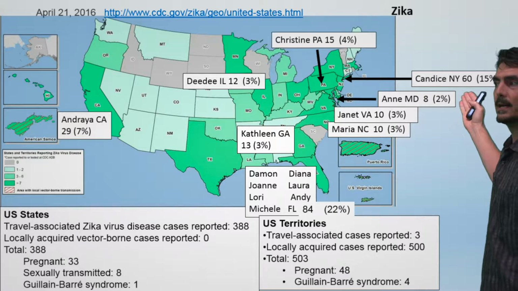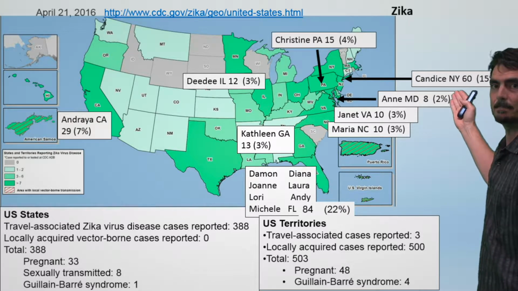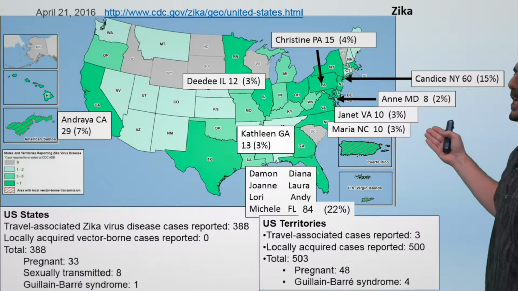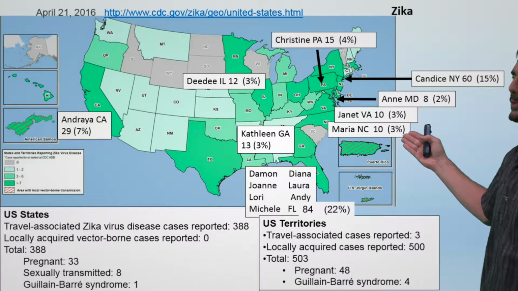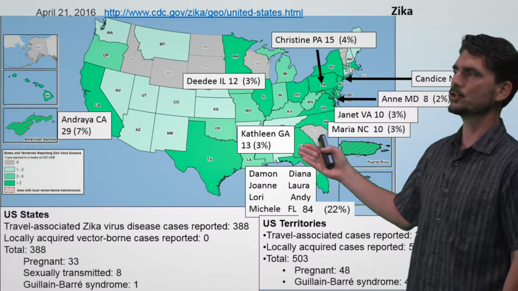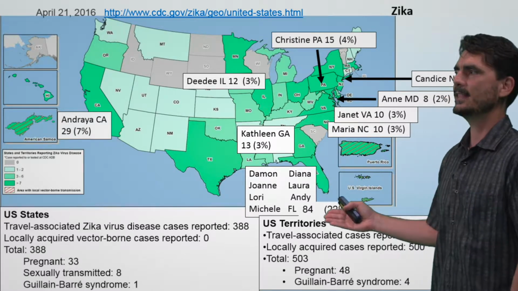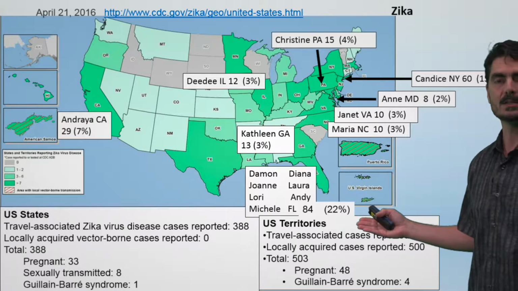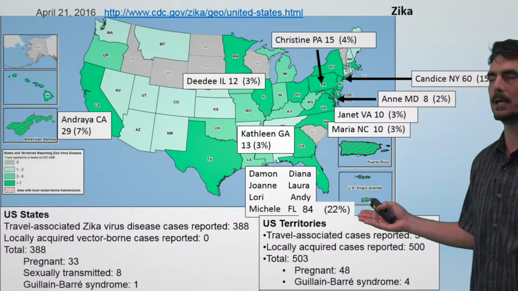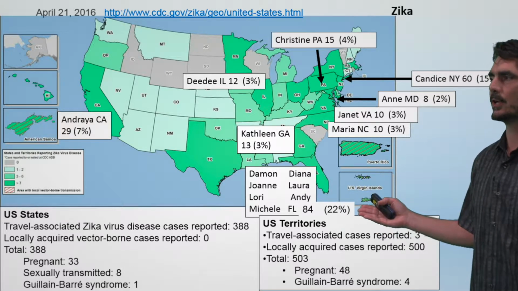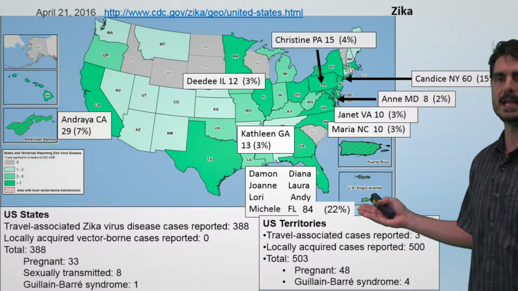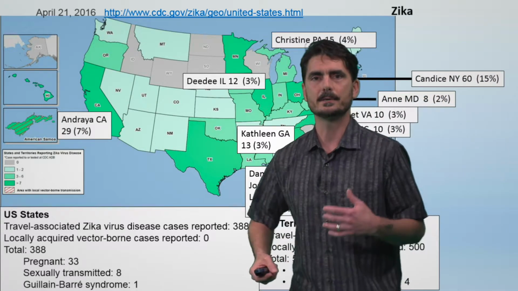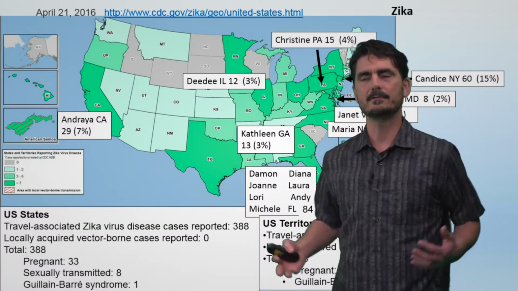So that is almost the largest, that's 15%. Then we've got Ann in Maryland with 8 cases, Janet's in Virginia, 10 cases, Maria in North Carolina with 10 cases, Kathleen's in Georgia, 13 cases, and then the rest of us in the class, 84 cases in Florida, right? So we have a lot of travel from Latin America into Florida, and that's 22% of the cases in the United States. And so that's how we fit in terms of the states that we all live in.